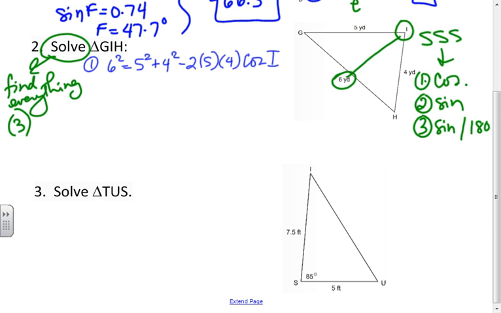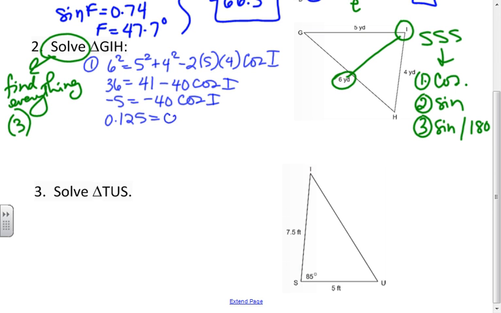I'm going to work that out, and I'm going to have 36 is equal to 41 minus 40 cosine of I. Subtract 41 from both sides, being very careful with my order of operations. Divide by negative 40. Use my inverse feature, and I find out that I is 82.8 degrees.